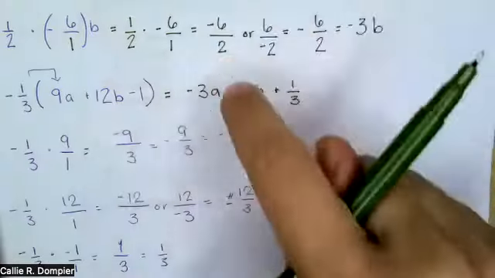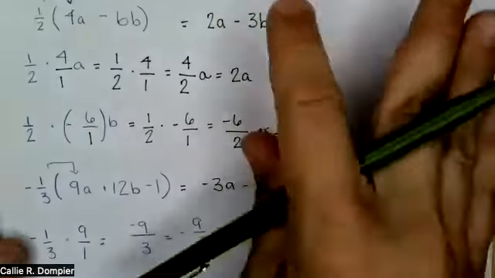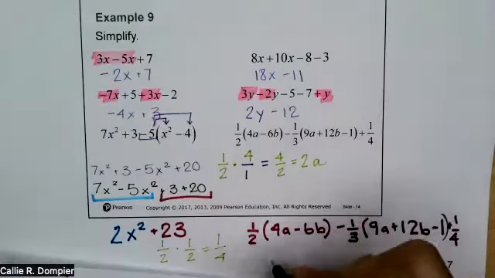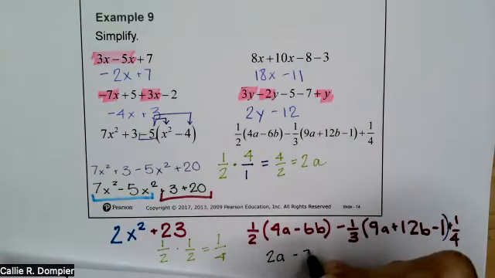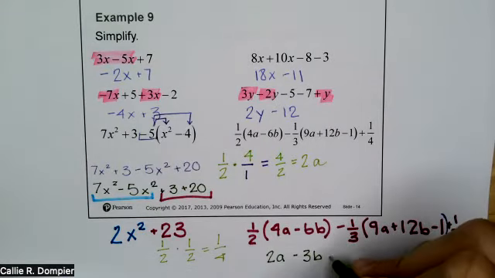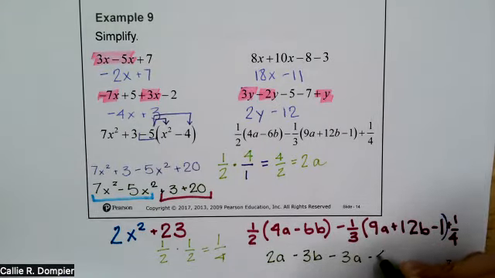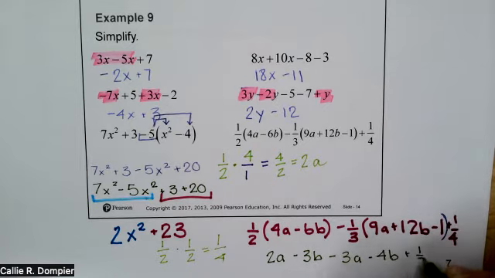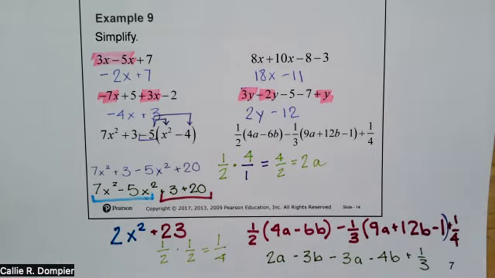Now I need to combine both of these. 2a minus 3b minus 3a minus 4b plus 1/3. Any questions? All right.